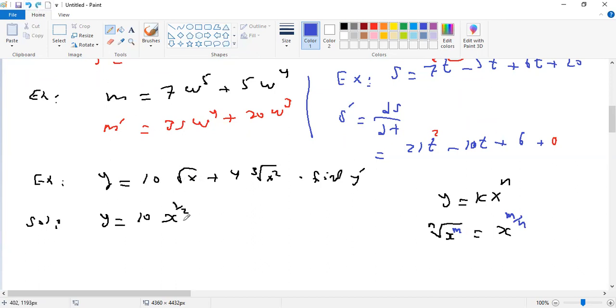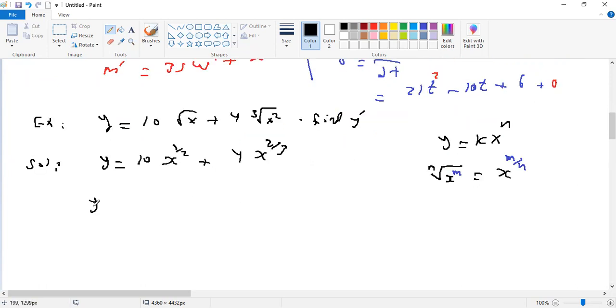So 1 over 2. Then plus 4, this is the k, and this is the x, and the power is 2 over 3. So now we have kx^n, 10x to the power half plus 4x to the power 2 over 3.